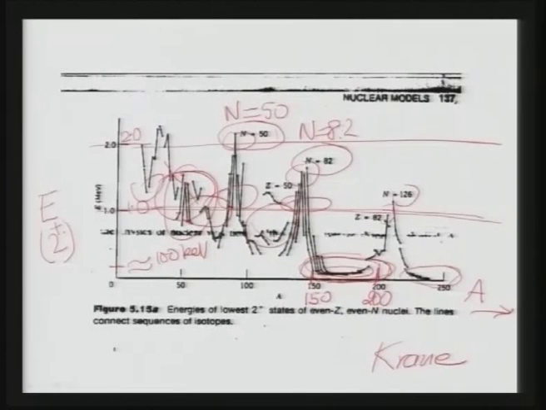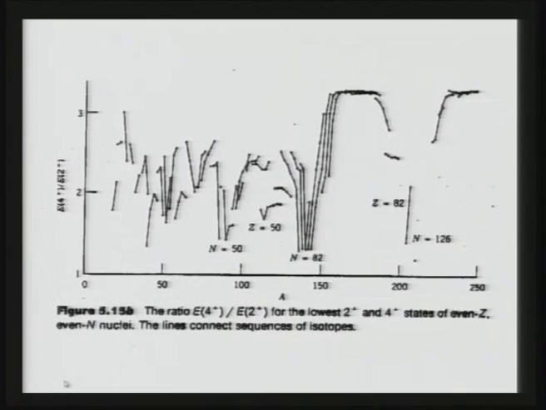Okay. Now, the next systematic is the first excited state is 2 plus, and then above that you have a 4 plus state, not necessarily the second excited state, it could be third, fourth, or fifth, but if you search, then above the lowest 2 plus, you will find a 4 plus also existing somewhere, right. And if you look at the energy of that 4 plus and divide it by the energy of the lowest 2 plus, this is the diagram.